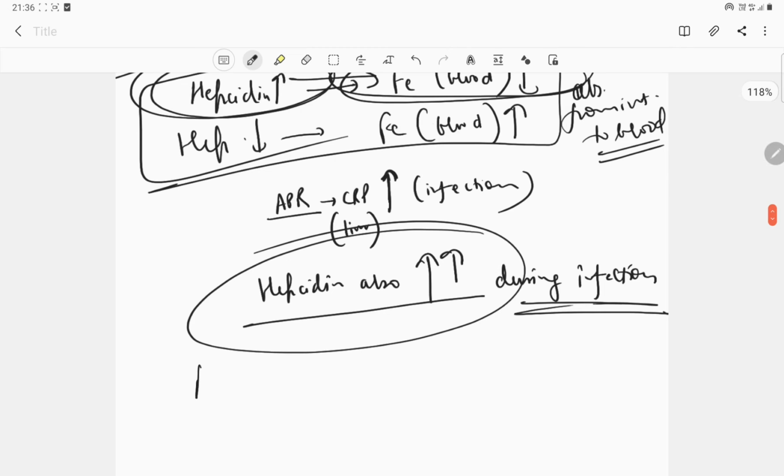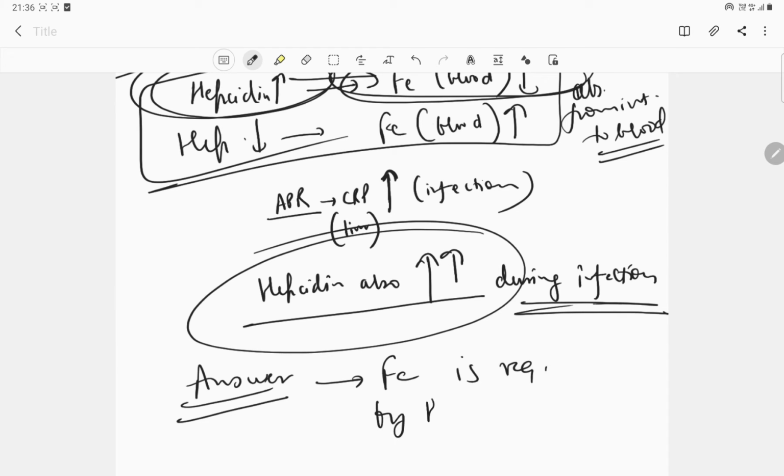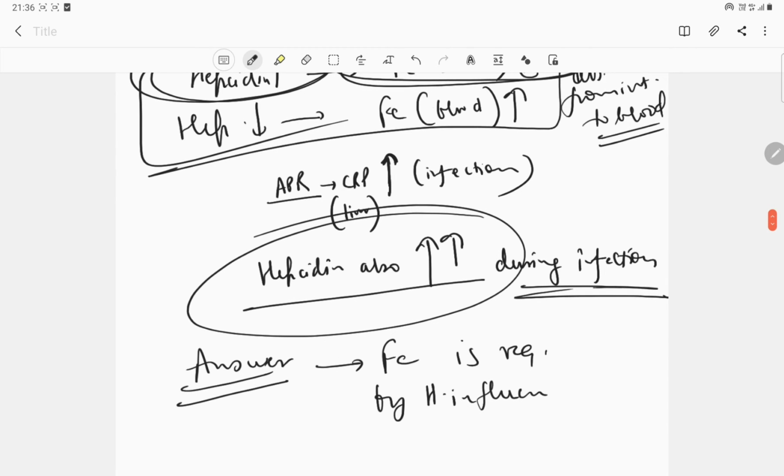The answer is that iron is required by bacteria like Haemophilus influenzae, or any insulting agent, for growth and development.